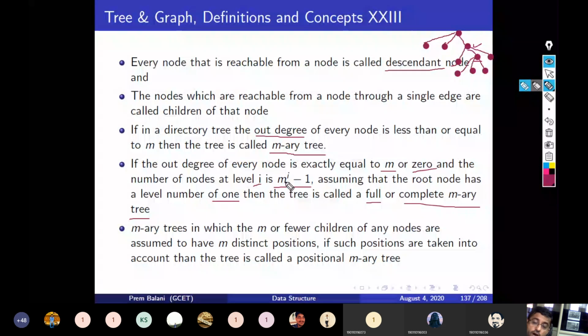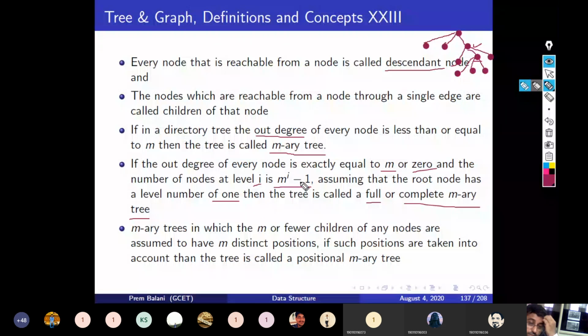So 3 raised to 1 is 3. The root node has the level number of 1. So at level 1, 3 raised to 1 minus 1, so actually this should be 3 raised to 0.